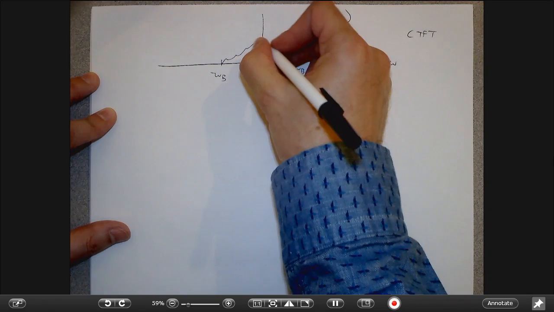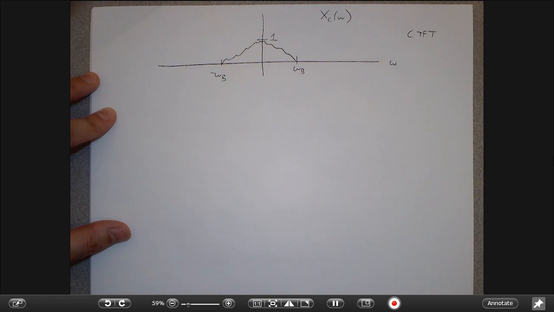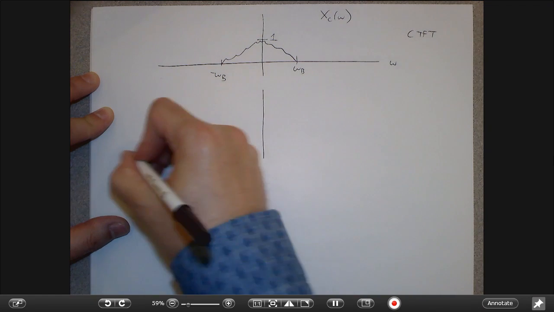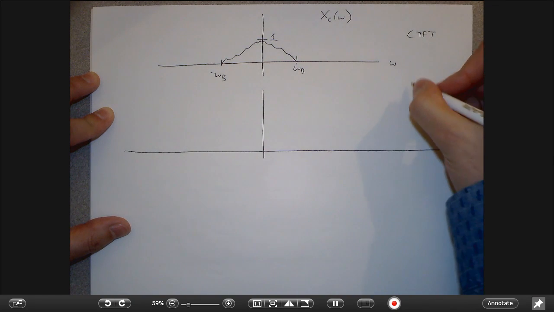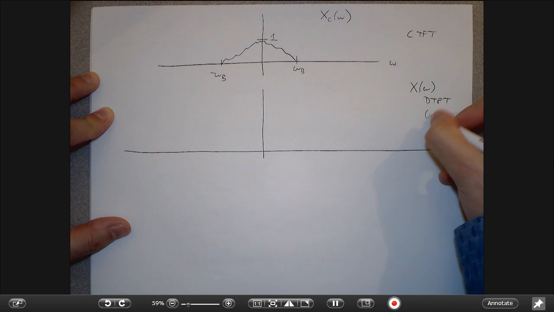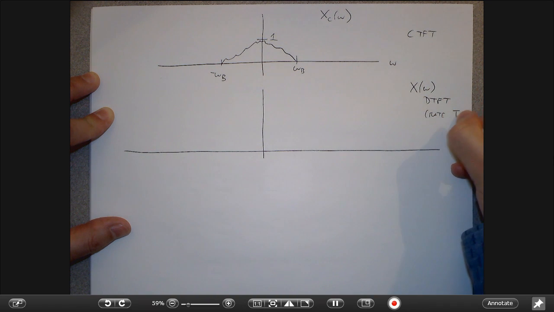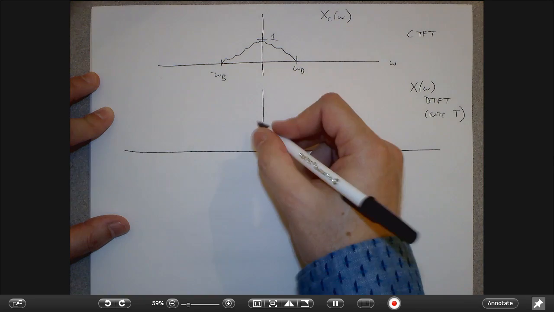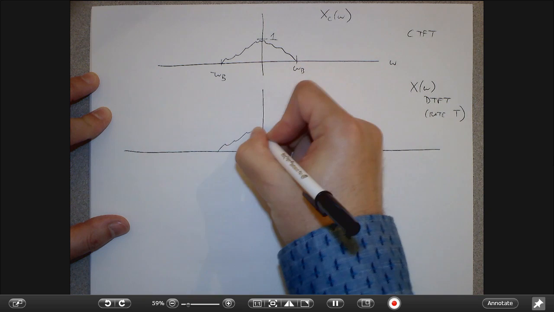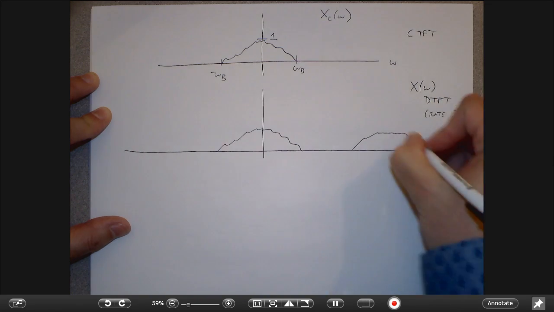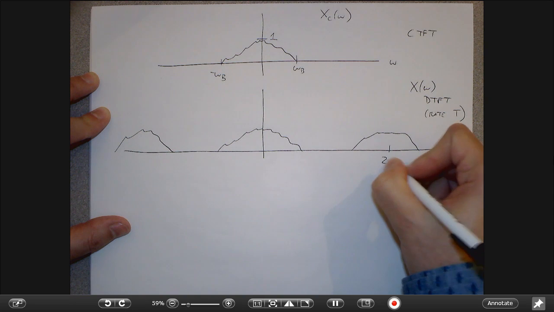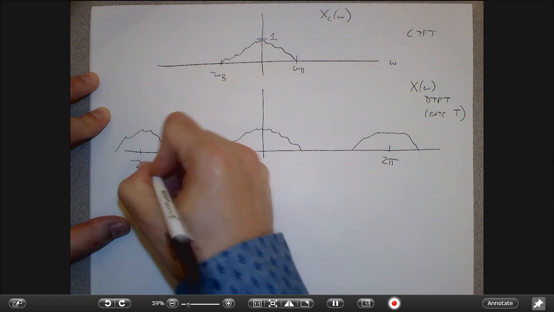Now I am going to sample that signal at a rate of T. So this is X of omega, the DTFT, and here the rate is T. That means I'm going to get a whole bunch of scaled and shifted copies, and since this is a DTFT, these have to be periodic with period 2 pi.